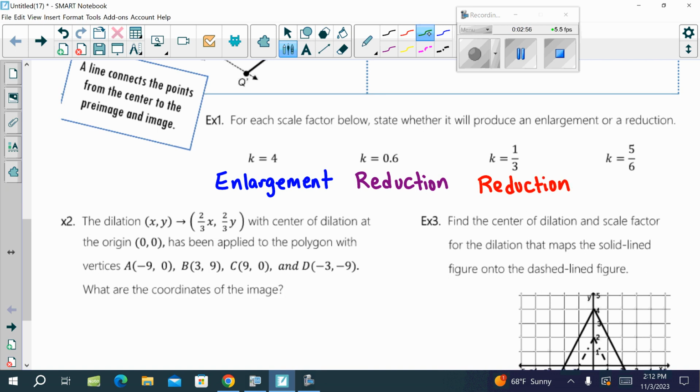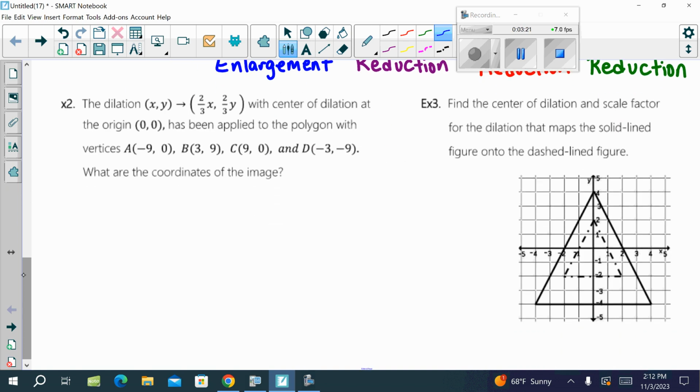And 5/3. 5/6. What if we had, let's say, 7/5? What would that be? Enlargement. Good. Just want to make sure you understand that all fractions are not reductions. Okay? All right.